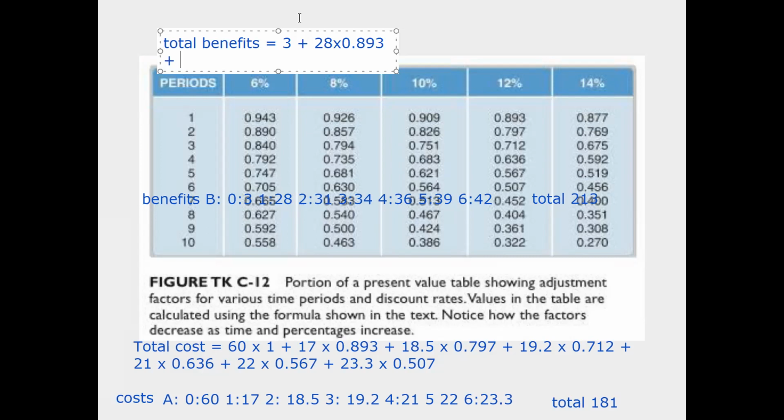So 328. We have then 31, so 2 years, 0.797.